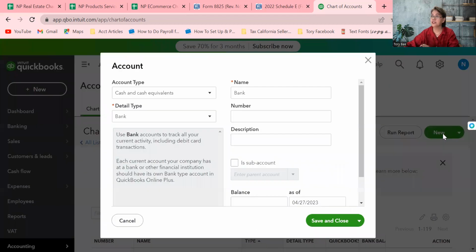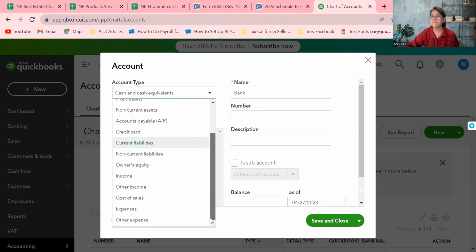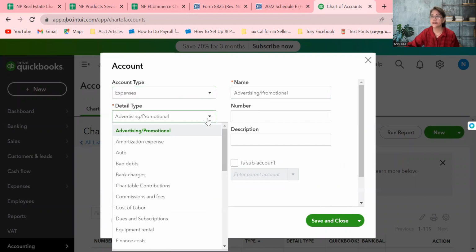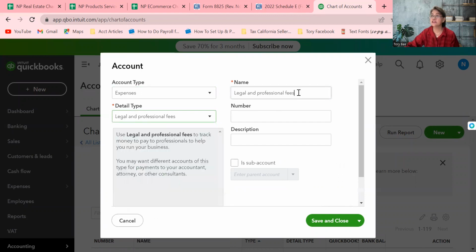Okay, new again, and this one is account type expenses, and this one is legal fees, and this one is attorney, and just because it's legal, we'll have an attorney, and other legal.